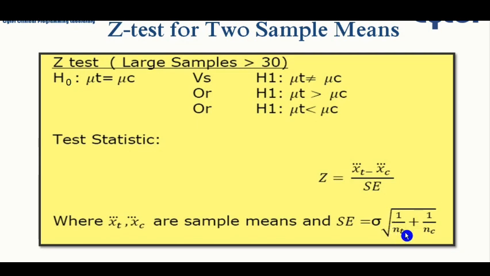You are assuming that you are giving the drug to NT people, you are giving the control to NC people, and you compute the sample means x bar T and x bar C, and then you can find out the standard error by using this formula. We have assumed that sigma is known. If sigma is unknown, then we cannot use the Z test, but we use the T test. We will see that situation also.